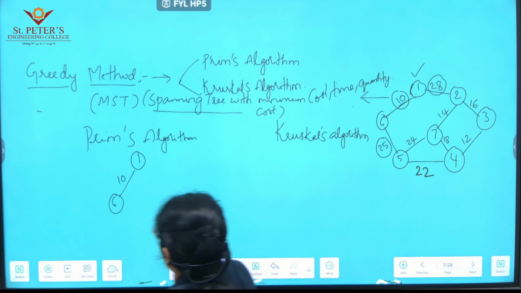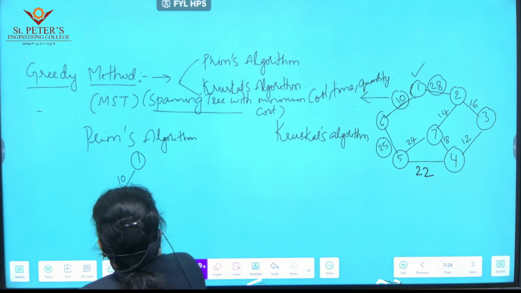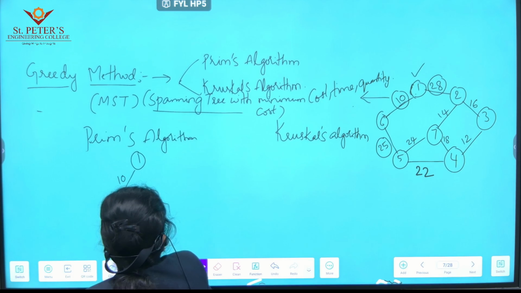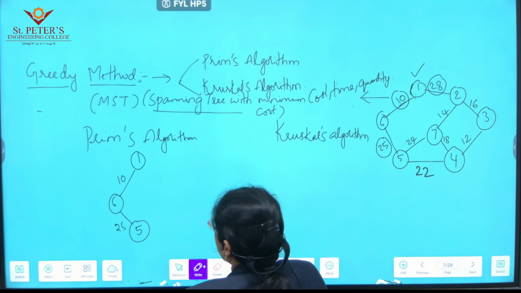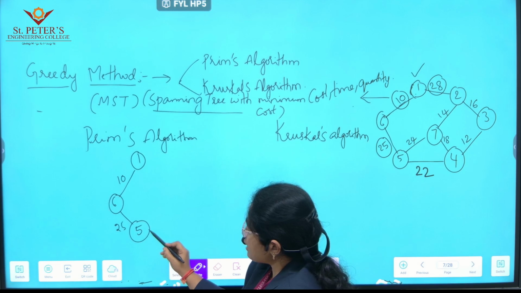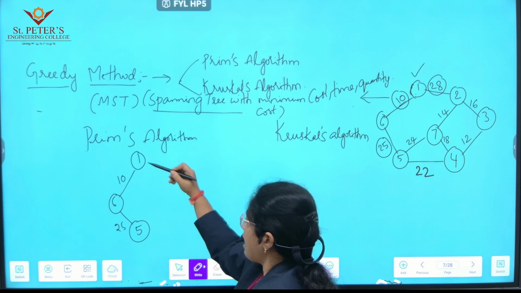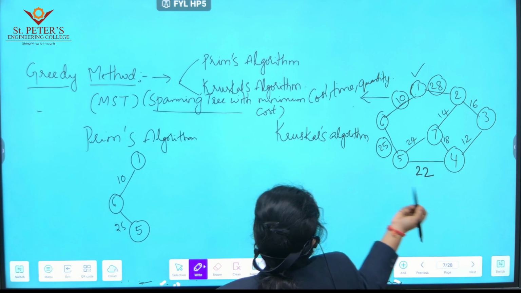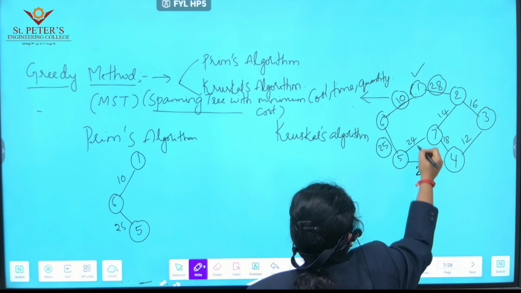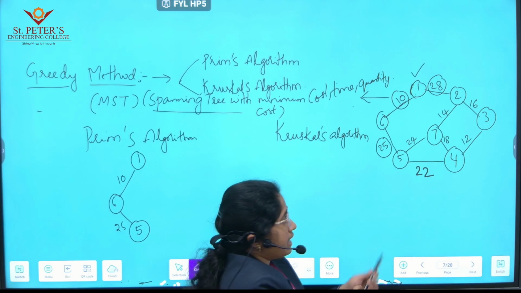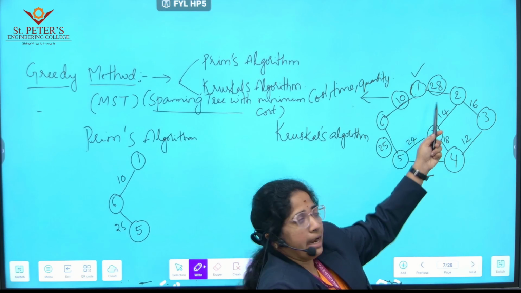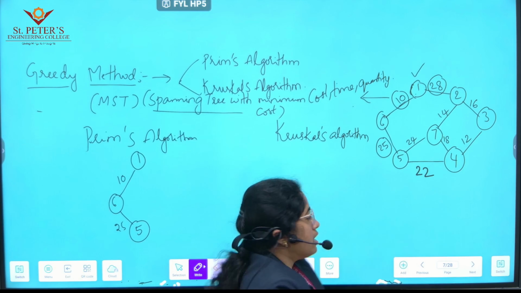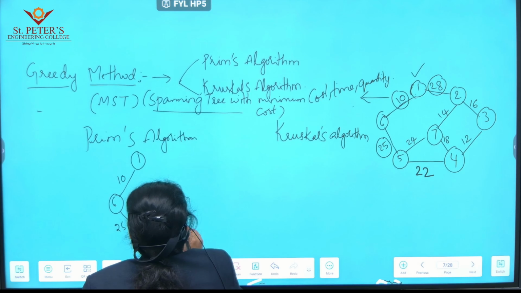So I will connect from 6 to 5, with minimum cost 25. Next, compare from vertex 5 and vertex 1, which has the minimum cost edge. Here we have 22, 24 and 28. Comparing them, 22 is less, so I will select this edge 5 to 4.